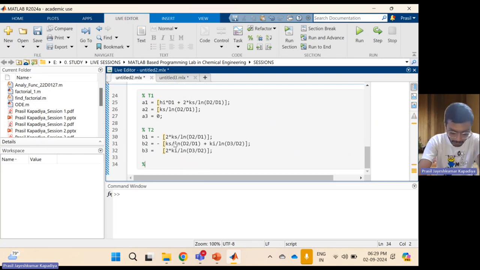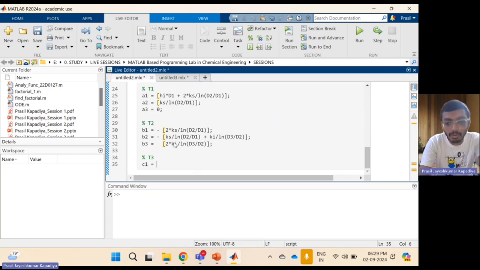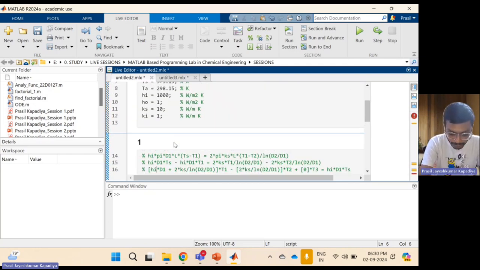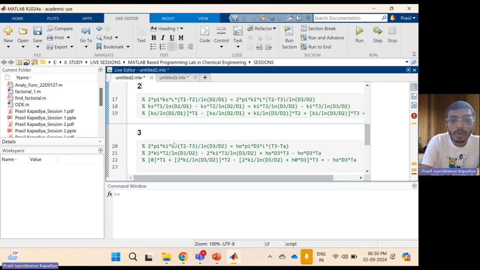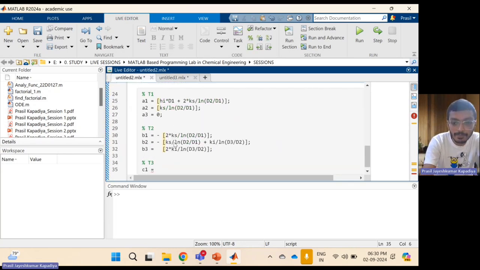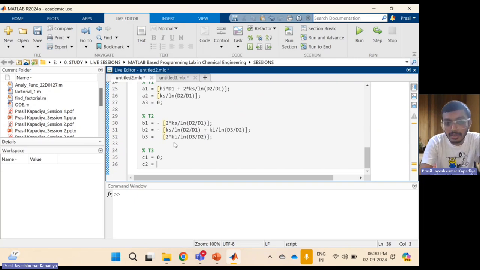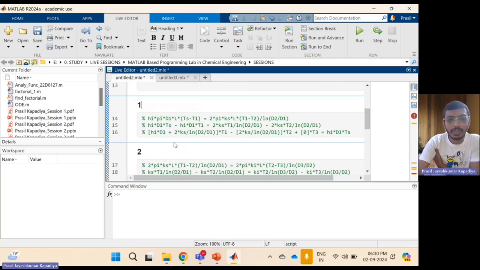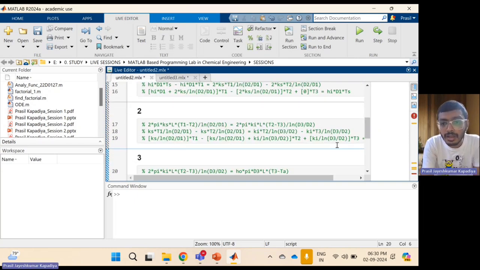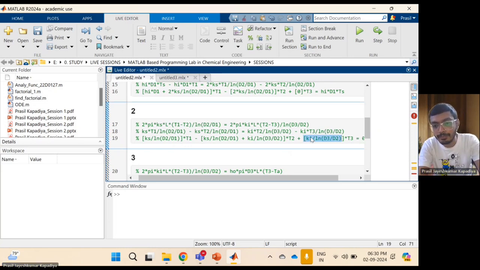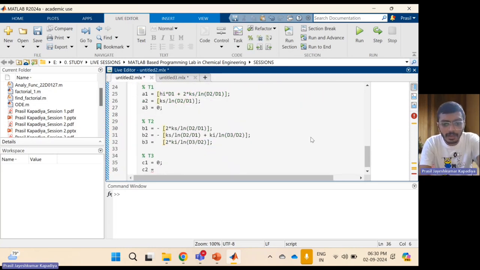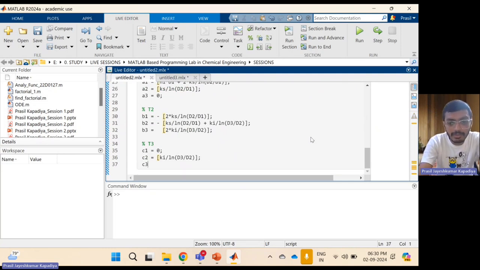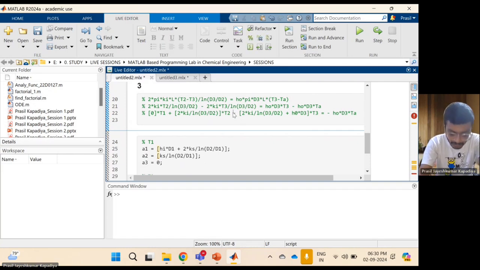Now I will be writing coefficient of T3. So let's say C1 is equal to, in first equation, there is no coefficient of T3, so it is 0. In my second equation, coefficient of T3 is this term. Okay, in my third equation, coefficient of T3, it will be a huge term, correct?